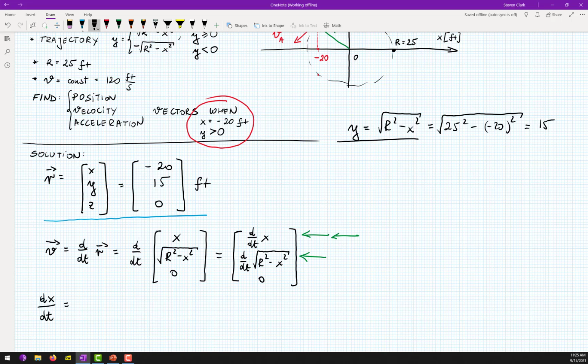Anybody wanna tell me what dx over dt is? Velocity.